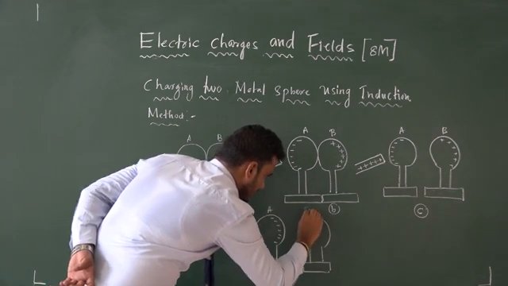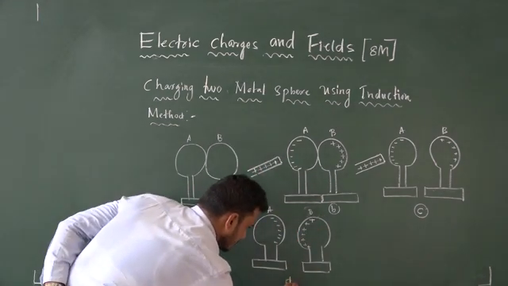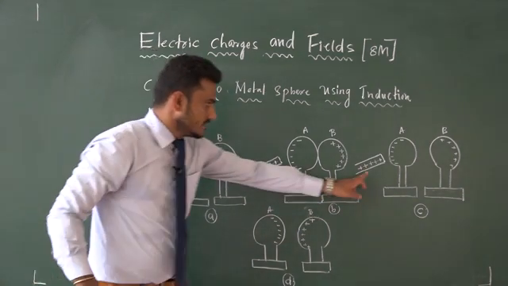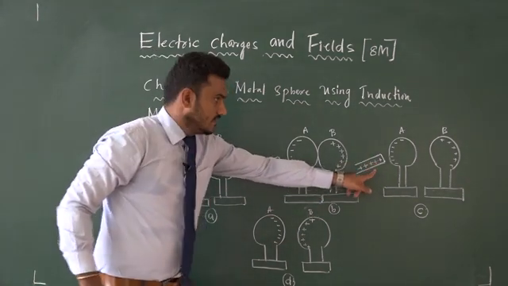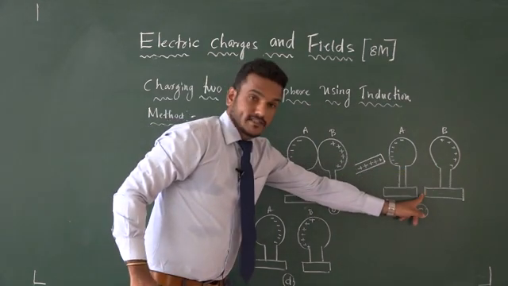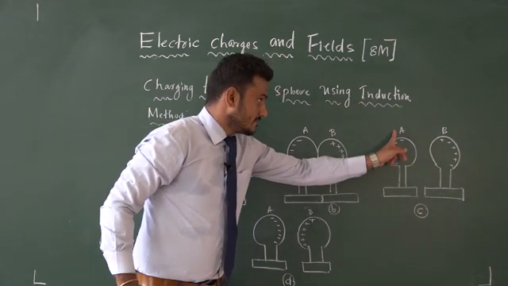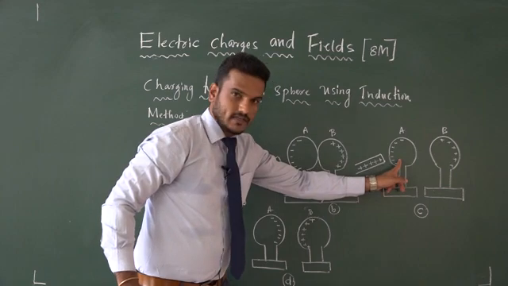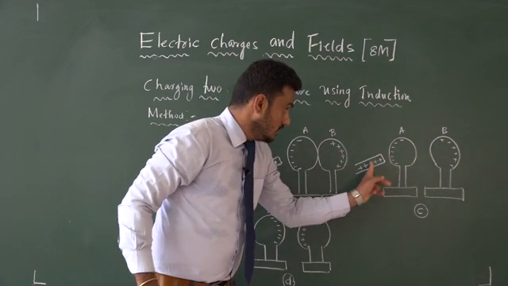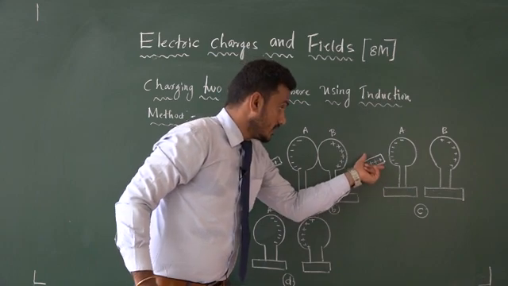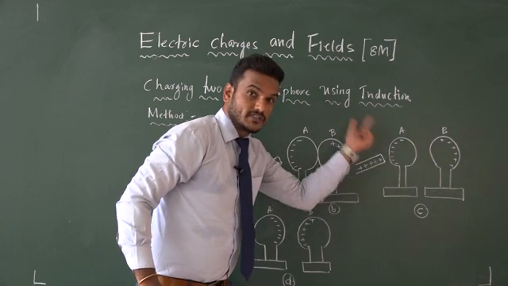Metal sphere A, metal sphere B. So this is in the presence of the positively charged rod, separated by a small distance. Then metal sphere A acquires a negative charge, metal sphere B acquires a positive charge. Now I am going to remove the positively charged rod.